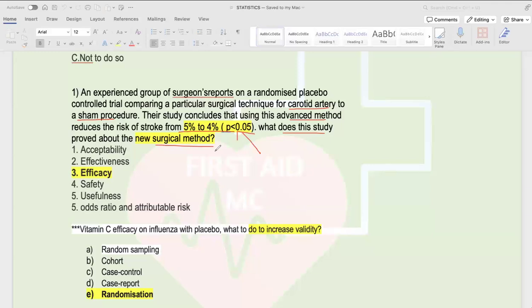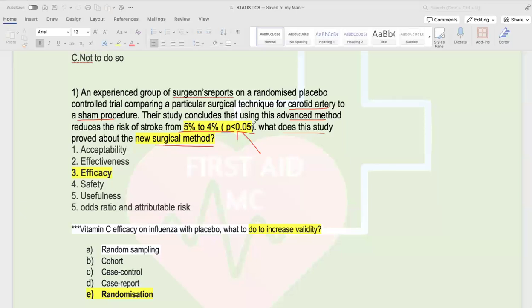So the question is that an experienced group of surgeons has done a report on a trial comparing a particular surgical technique. So a new surgical technique has been studied by a group of surgeons, and they found that yes, the new procedure reduced the risk of a stroke, and they also satisfied the p-value. What does it mean?